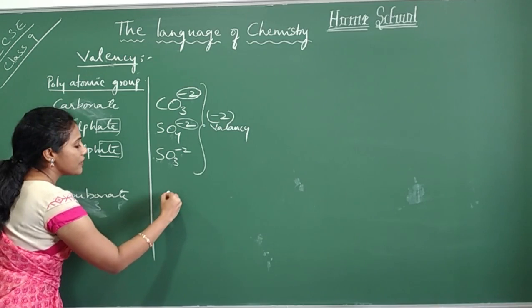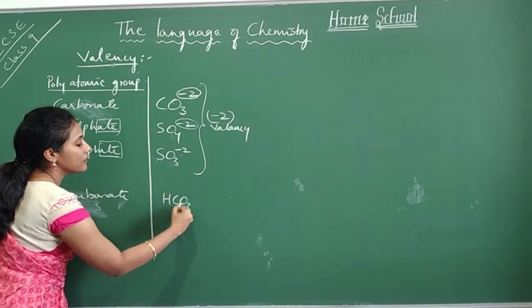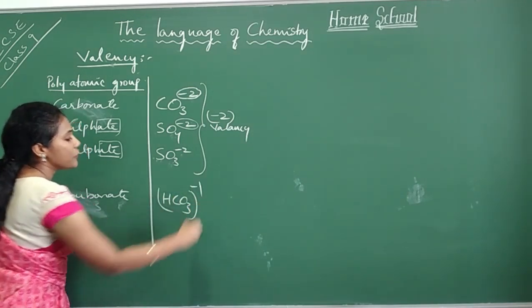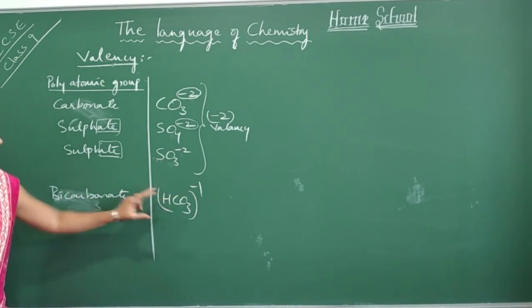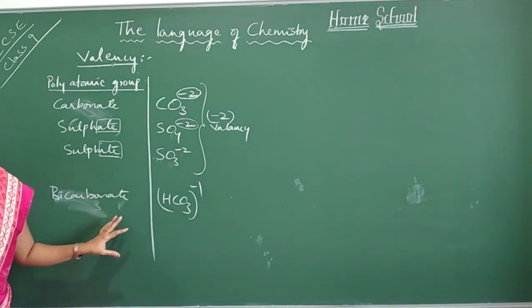What is its symbol? HCO3 minus 1. So we will call it the bicarbonate radical.